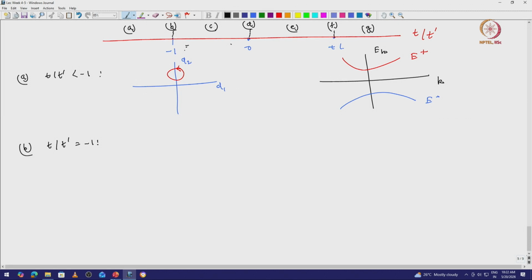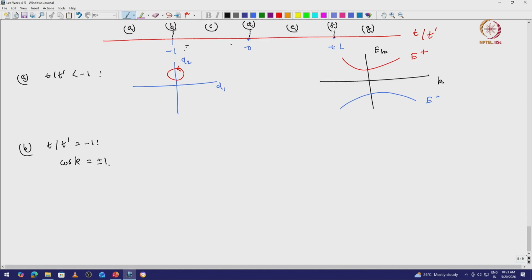In this case cosine k goes to plus minus 1. I am drawing it at pi by 2.